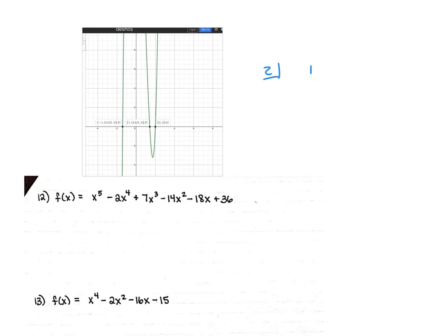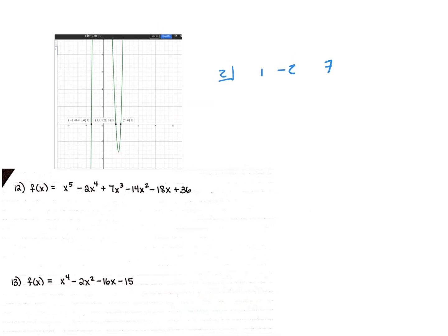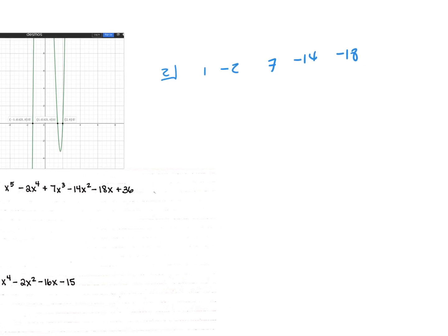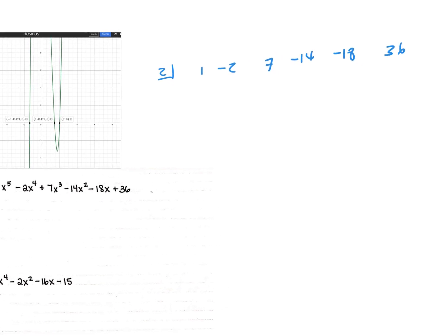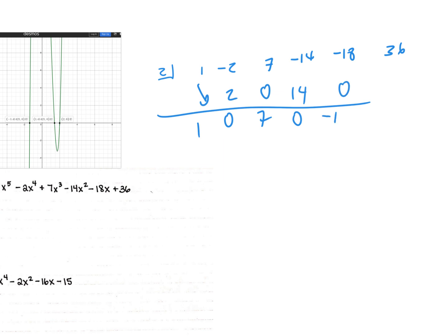So we would have 1, negative 2, 7, negative 14, negative 18, and 36. Now this should give us a remainder of 0. So 2 times 1 is 2, 0. 0, 7, 14, 0, 0, negative 18, and then that's going to be negative 36.